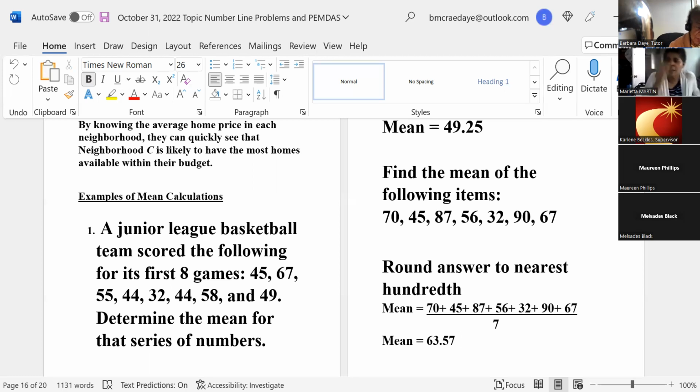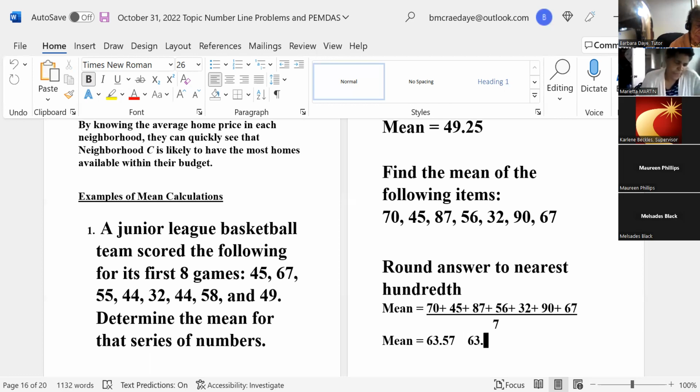Somebody get something different? What did you get, Mercedes? 63.857, and it's going on. No, I said round it off to the nearest hundredth, Mercedes.